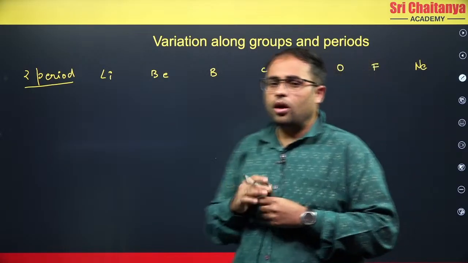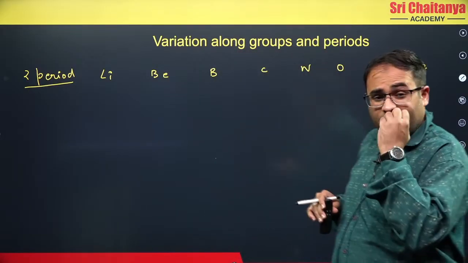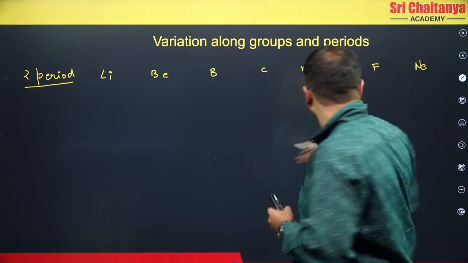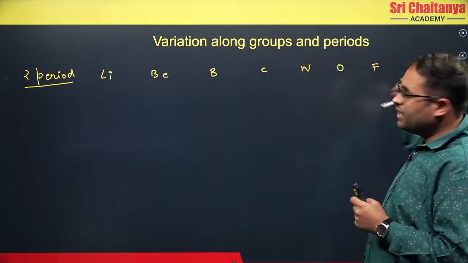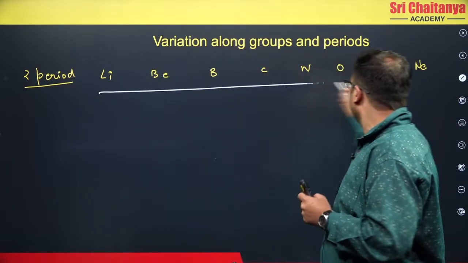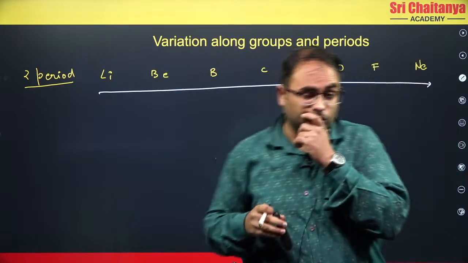Right. Now, 2 to 3 things here. If I talk about general variation, as you are going from left to right in a period, what all things are happening?